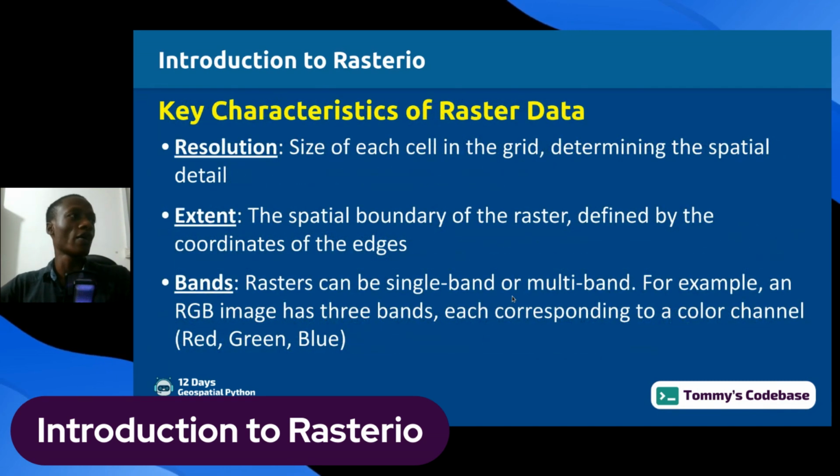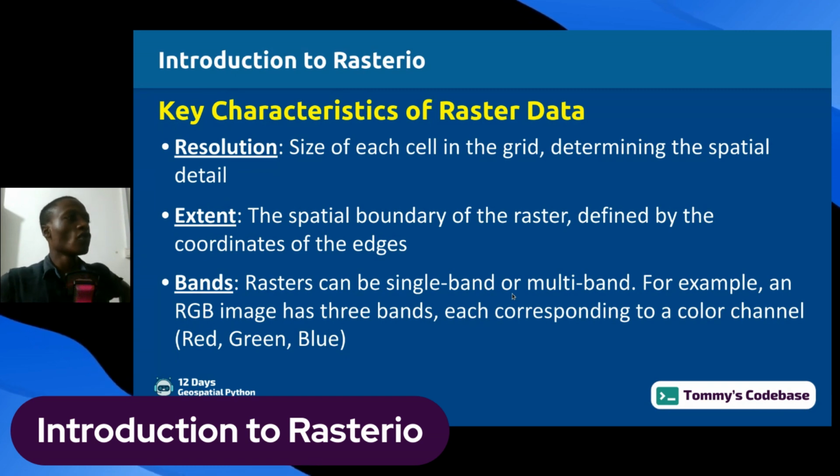Some of the key characteristics of raster data we will look at is the resolution. When we talk about the resolution of the raster data, we are talking about the size of each cell or each pixel in the grid. And that also determines the spatial detail.